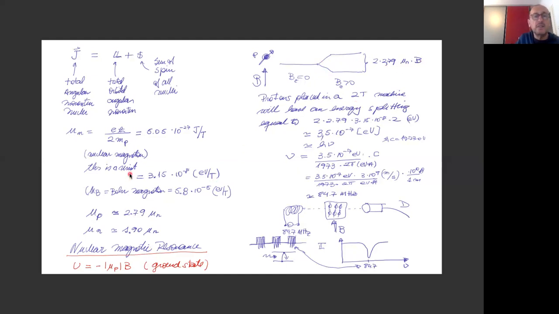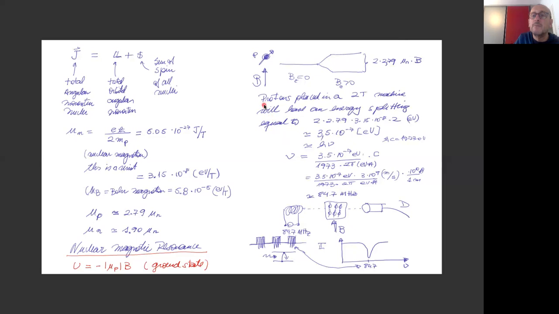Mu sub n is the nuclear magneton, times B. Okay, 2 is because it's the difference between 0 and that one. So you add to the ground state mu sub p times B times a half. This 2.79 is coming from the nuclear magneton, and then you get the magnetic field. The bigger the magnetic field, the larger the difference. So the difference between these 2 states is proportional to the magnetic field.